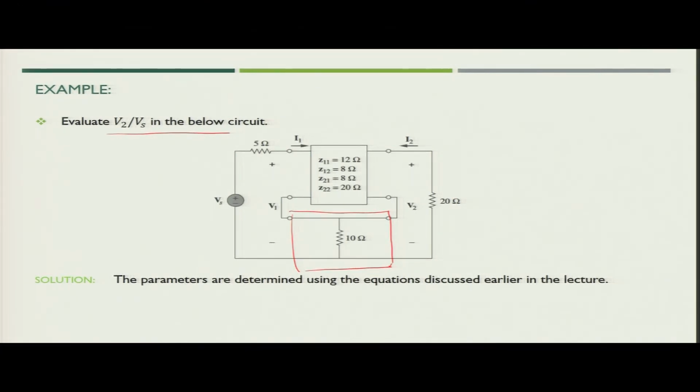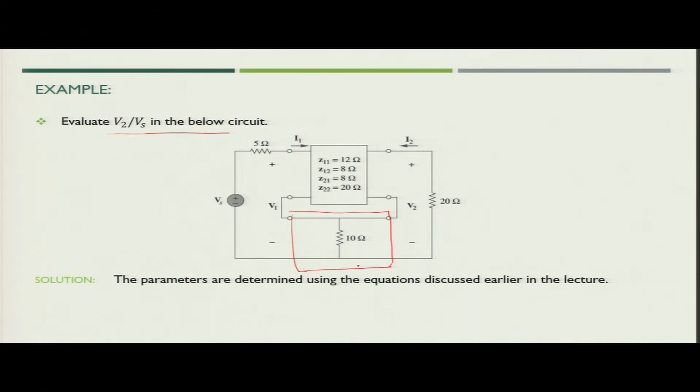So, first, we know the Z parameters of the upper network. Next, we have to find out the Z parameters of the lower network. If you look at this particular 2-port network, you can say it is a form of T network.